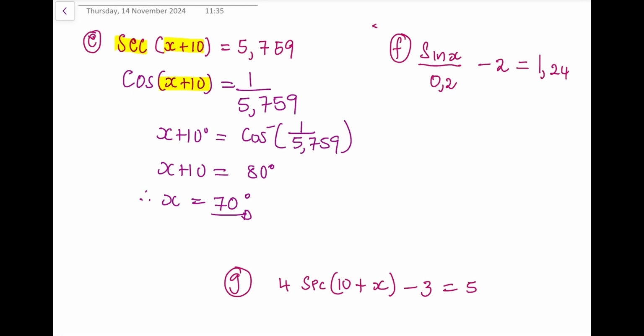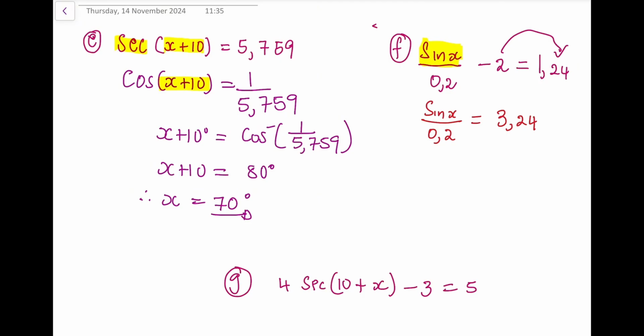Let's move to F. Again, we can see that we need to separate this ratio first. So we need to write this ratio, sine of an angle, as the subject of the formula. Before we do that, we need to transpose the 2. So I am going to remain with sine of an angle over 0,2 is equal to, transposing 2, 1,24 plus 2, which will be 3,24.